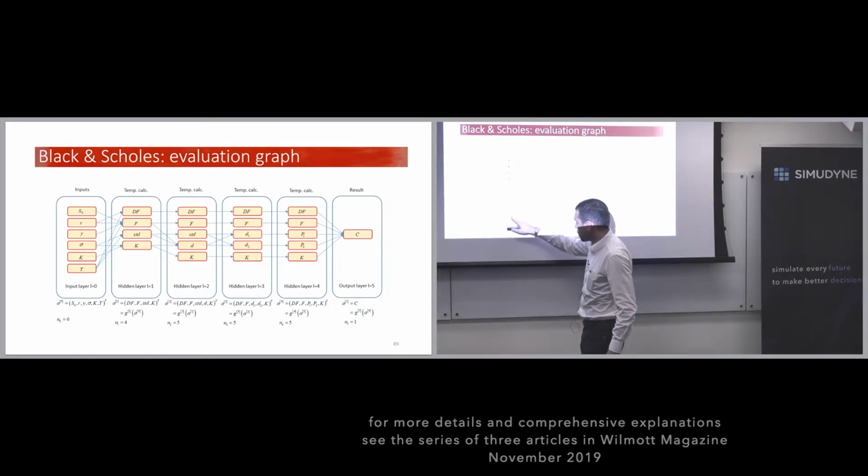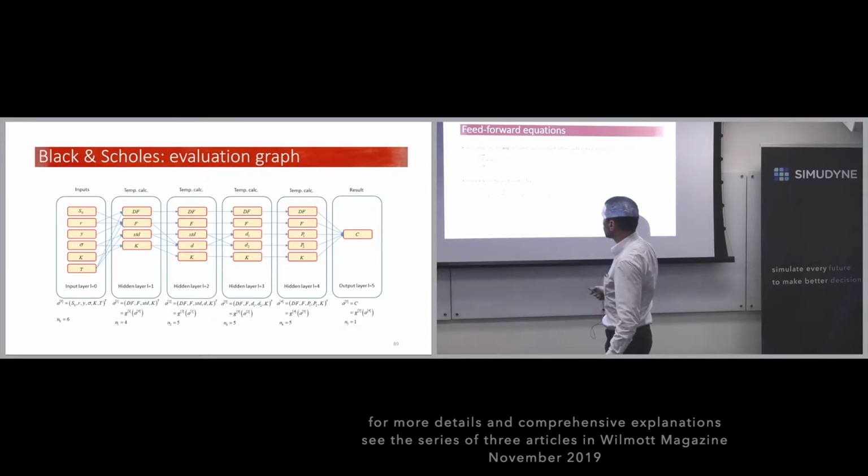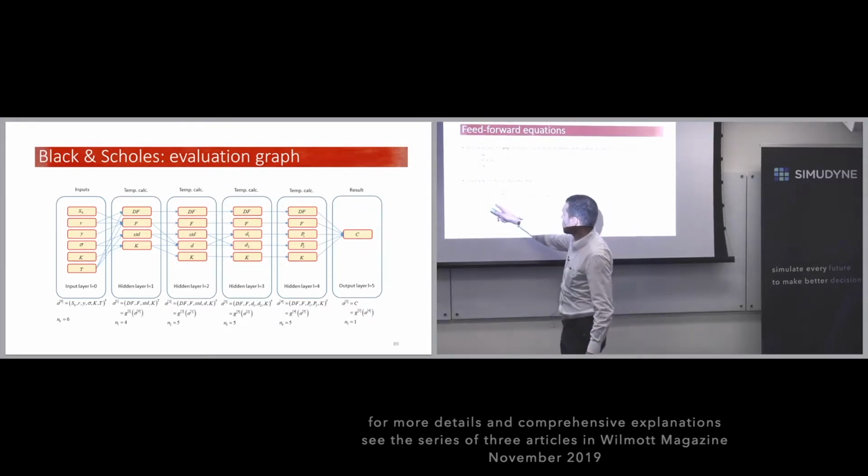Well, I apply a vector to vector function G1. And what is G1? Well, it's this thing. If you look at the first element of the first hidden layer, it is the discount factor.